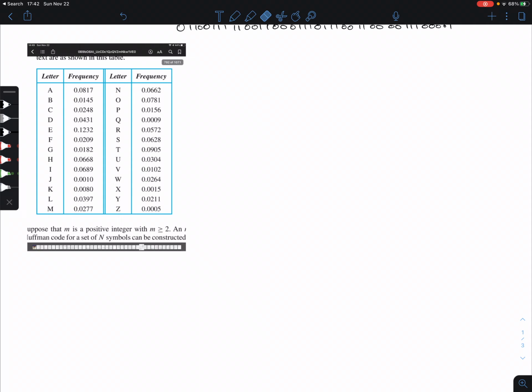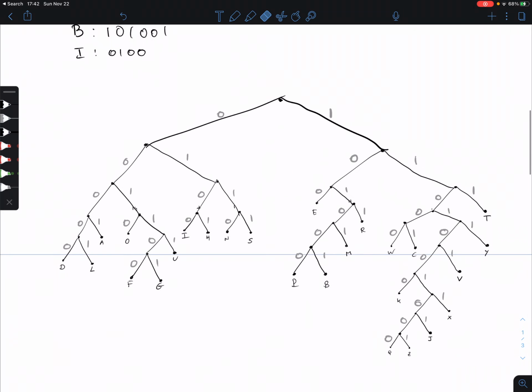The most frequent, of course, is E. There are a few, H and I, all in the 600s, and then you have A and T, very frequent, but the most frequent was E. And we will see that they have the shortest paths. So I has a path of length 4, level 4.